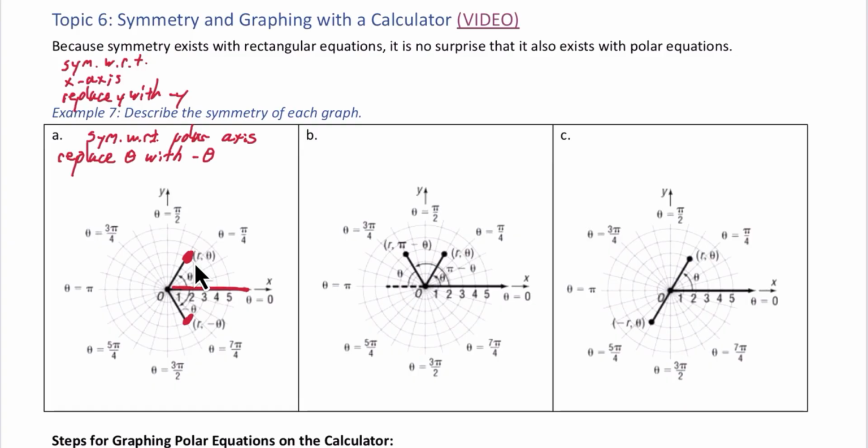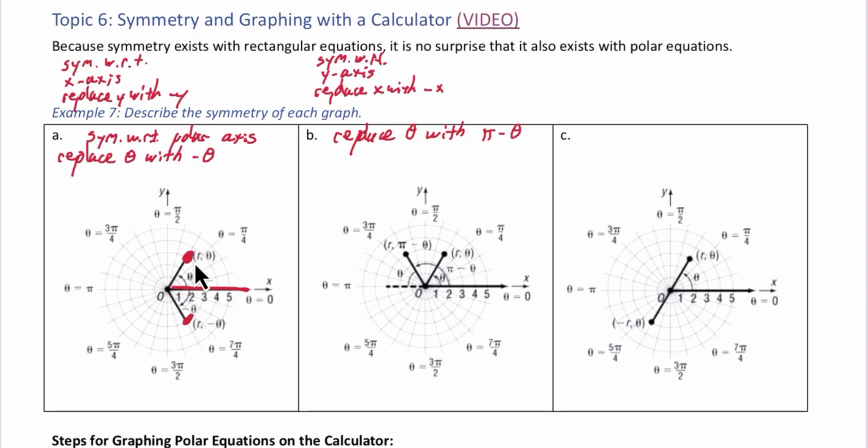Back in rectangular equations, if we wanted to talk about symmetry with respect to the y-axis, algebraically we would replace x with negative x. And if the result was an equivalent equation, we would have symmetry about the y-axis. Now in polar land, we would replace theta with pi minus theta.